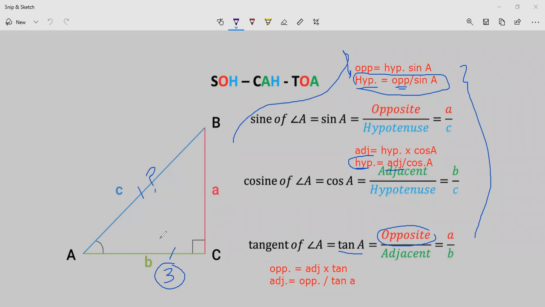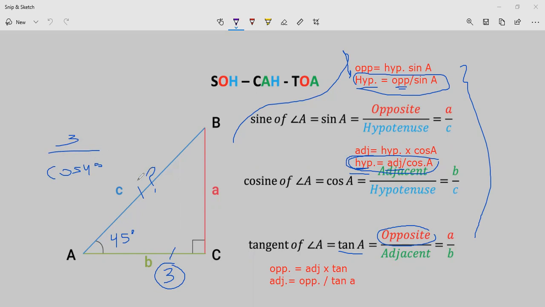So which rule relates the hypotenuse to the adjacent? You are given this angle is 45 degrees. Now, this side to find is the hypotenuse. So which rule relates the hypotenuse to the adjacent? This rule, because the missing side is the hypotenuse, which is adjacent 3 divided by cosine of the angle, cosine of the 45.